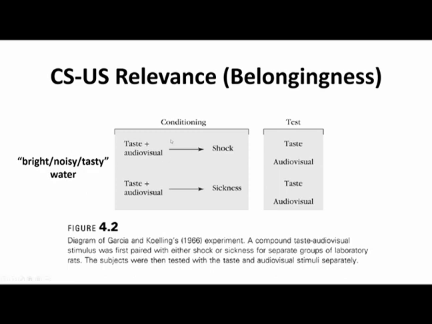One group would be exposed to this compound conditioned stimulus, and it would then be followed up by an unconditioned stimulus of a shock. That was group one. Group two would get the same compound stimulus, and their unconditioned stimulus instead would be sickness. So the shock would be a mild shock delivered through the floor, or the sickness would be nausea that was induced due to exposure to some kind of chemical.